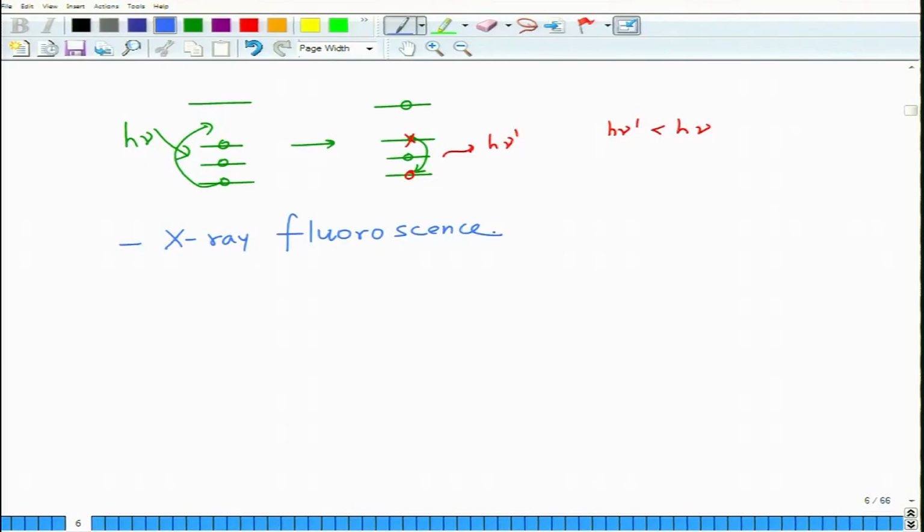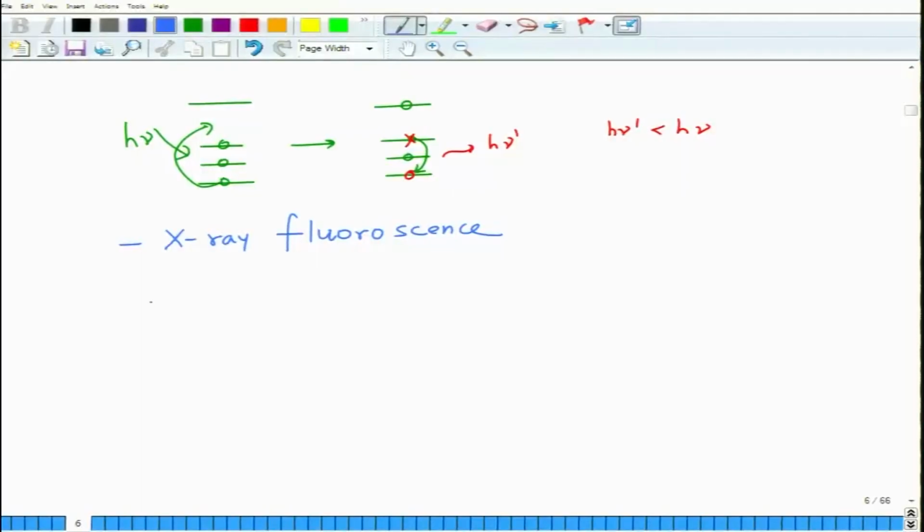And this fluorescence creates a lot of noise in the system, because a lot of photons come out, go to the detector, get detected, and as a result create a lot of background in the system. So to minimize the absorption of the incident beam, you choose an X-ray which has lower absorption in the material.